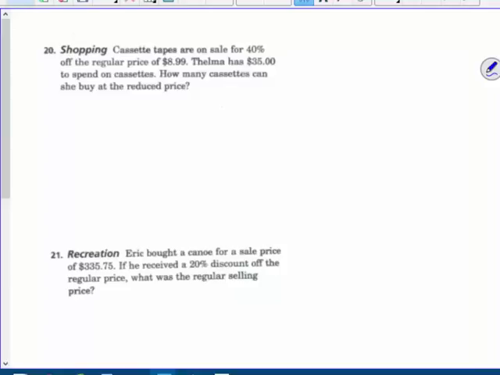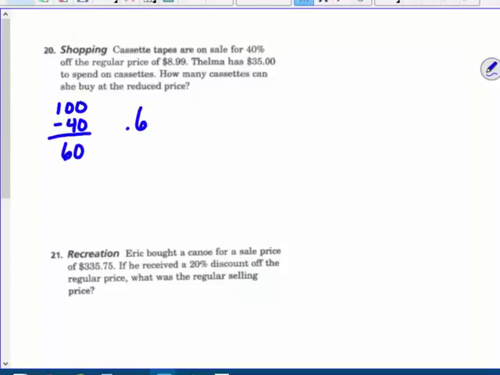Cassette tapes are on sale for 40% off the regular price of $8.99. So she's going to be paying 60% of that $8.99. So I'm going to do that 100 minus 40 idea, which is 60%.